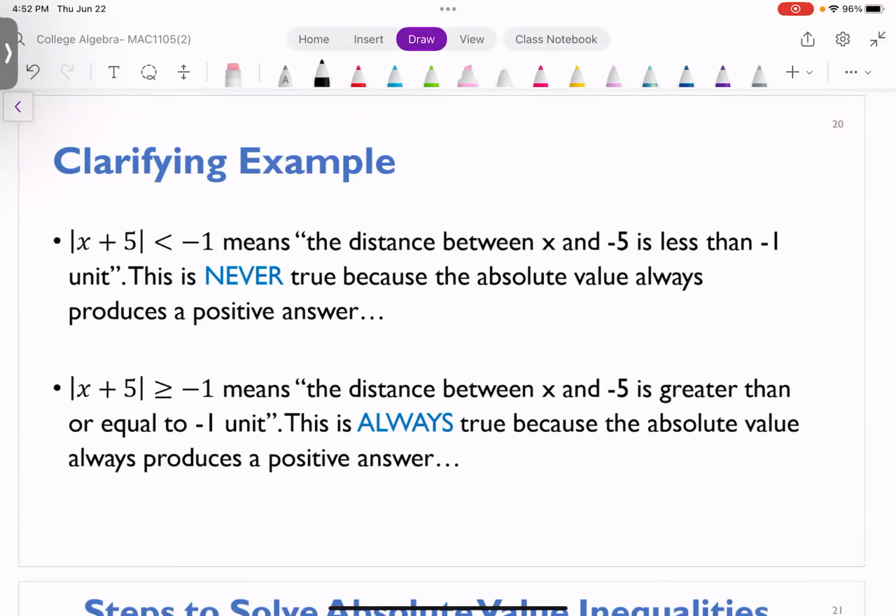You have to be careful when we're talking about having a negative on the opposite side of the inequality symbol from an absolute value. Rather than always equaling does not exist, you need to interpret the results based on what the inequality is saying. Here, in this first example, we're saying the distance is less than -1.